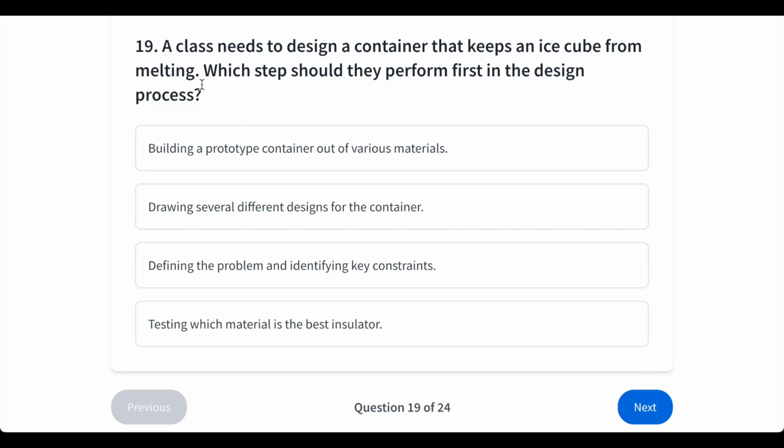Moving to question 19, this reads, a class needs to design a container that keeps an ice cube from melting. Which step should they perform first in the design process? I can see from this question we have now transferred into the engineering and technology section of this practice exam.